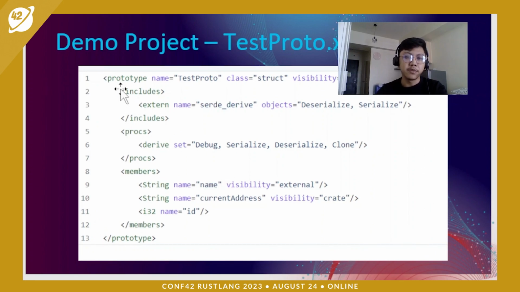After the prototype tag element, we can see the includes. This imports any module we want to use inside our project. For example, we have here external, name using std derive, so we are using std derive as our module. Then with objects specified as deserialize and serialize.